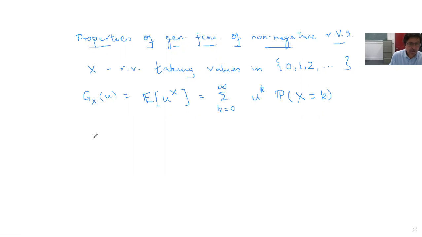So what can we say about G_X of 1? If we set u equals 1, then u to the k is also 1 for all k. And this just becomes the sum k equals 0 to infinity of the probability X equals k.